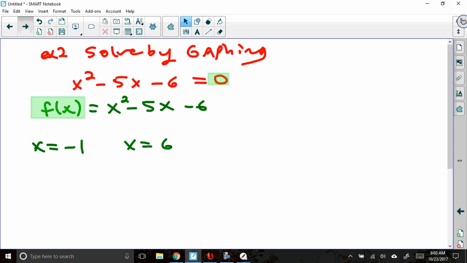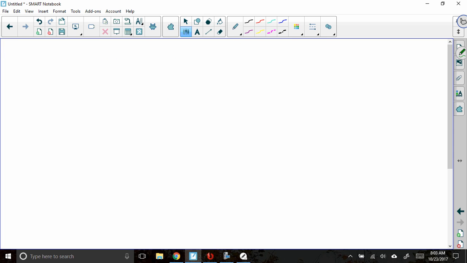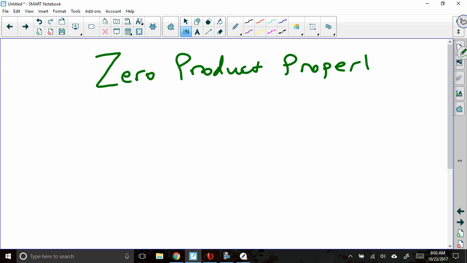All right, so let's move on into the next section of this then. There's this idea called the zero product property. It's one of those things that sometimes is overlooked, but it's really critical to understand how it works.